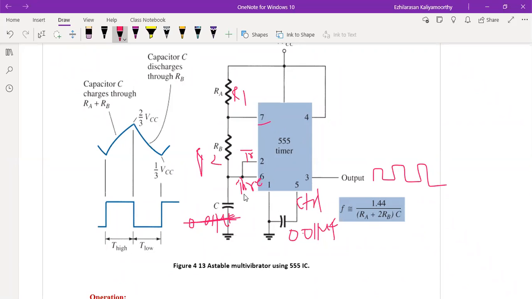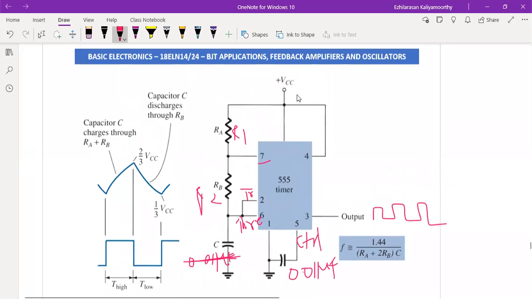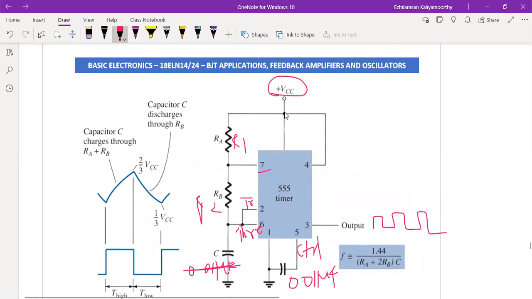Now let us see how it will operate. This is the construction, and now the operation. The capacitor C charges towards VCC through the external resistances, because here VCC is connected through the resistors RA and RB.